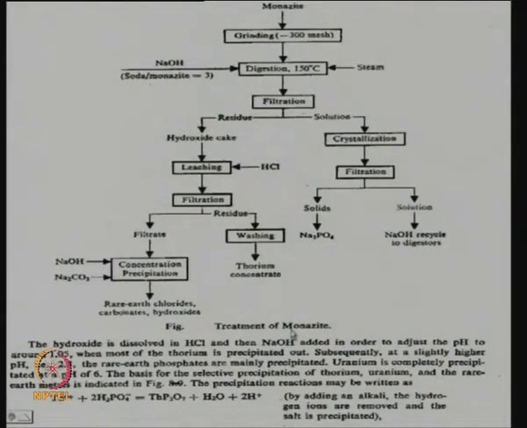Now, let me read what is there at the bottom. The hydroxide is dissolved in HCl, then NaOH is added to adjust the pH. Now, we are going through a selective precipitation process.